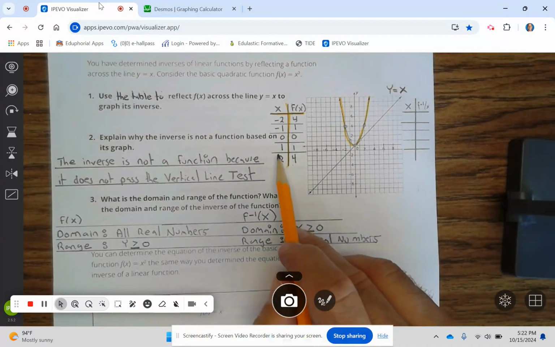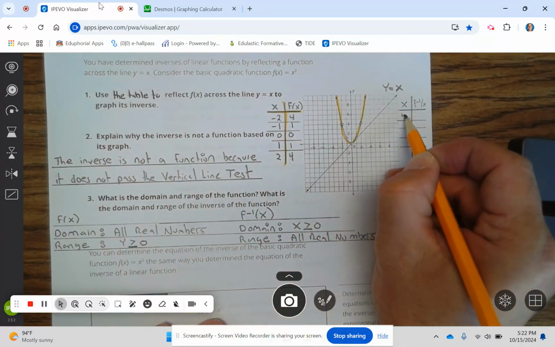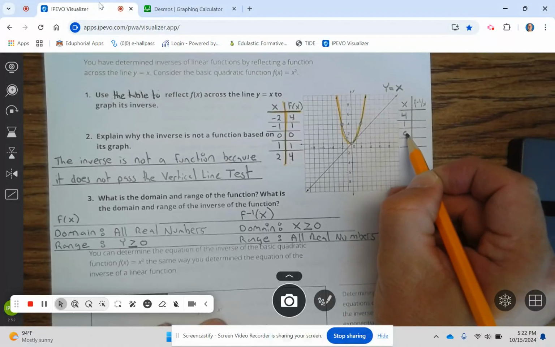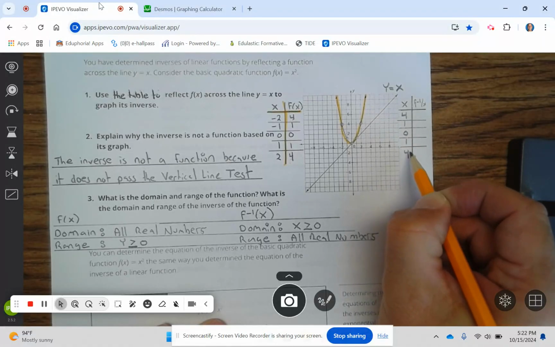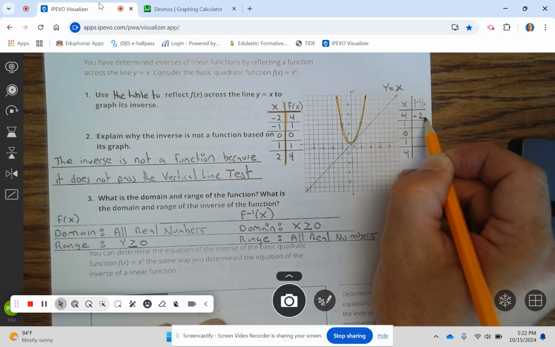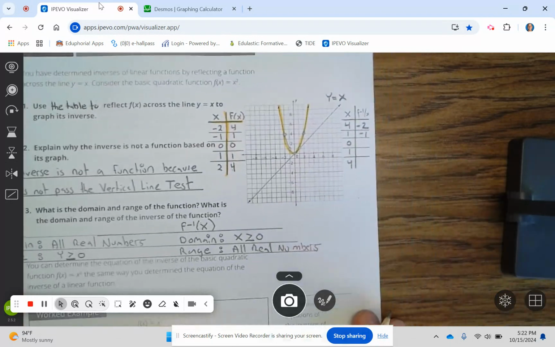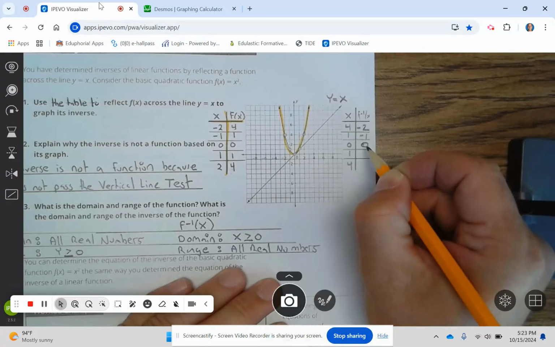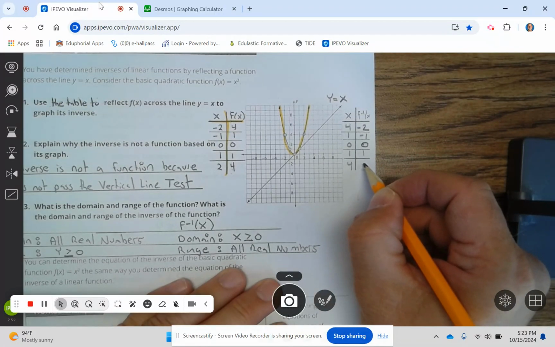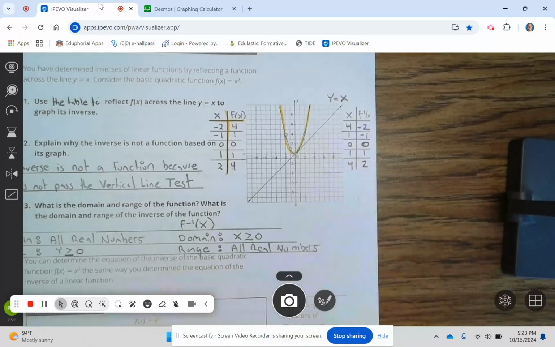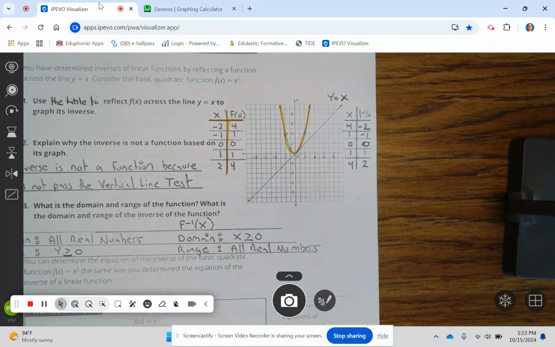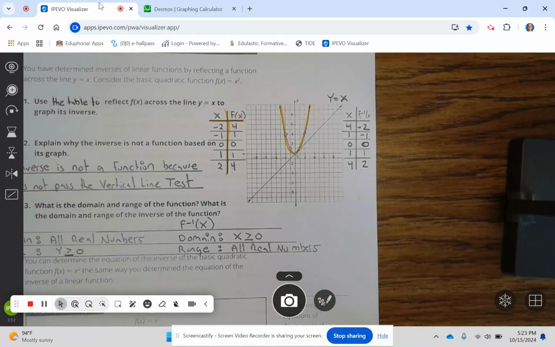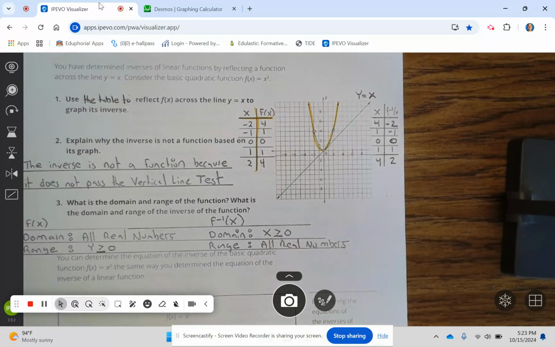So now all we do is switch these values. So that becomes 4, 1, 0, 1, 4. And this becomes -2, -1, 0, 1, 2. Okay, so let's go ahead and graph those points.